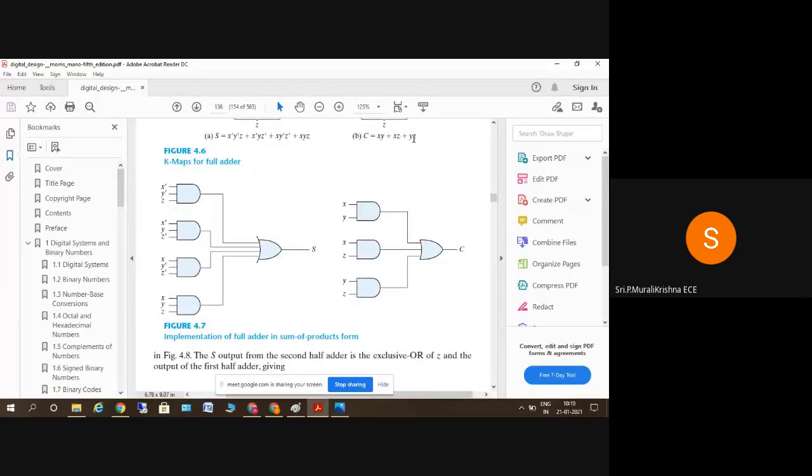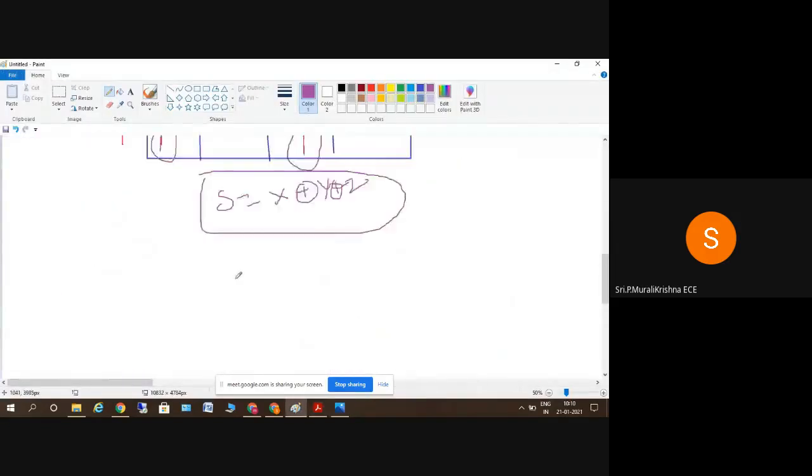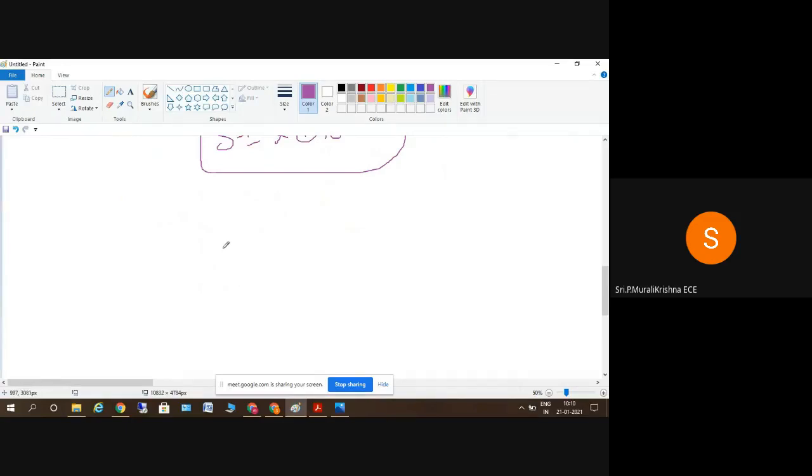C is equal to xy plus xz plus yz. Or else you can directly use the exclusive OR gate: x exclusive OR of y exclusive OR of z. So this is x exclusive OR of y, and the output is given to another XOR gate, and this is z.